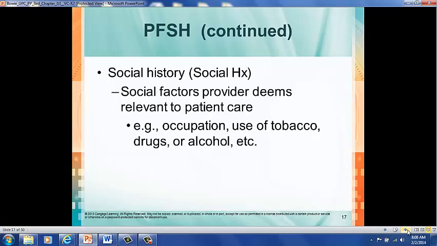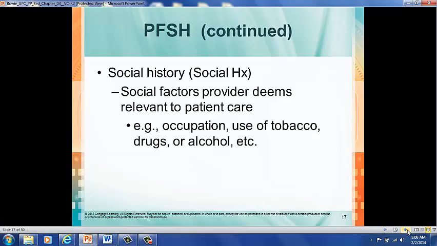Social history discusses the patient's marital status, use of tobacco, alcohol, and drugs, the patient's occupation, sexual history, and other social factors that would affect care of the patient or that the provider feels may be relevant to comprehensive patient care.